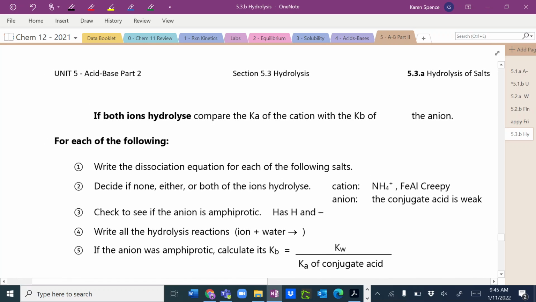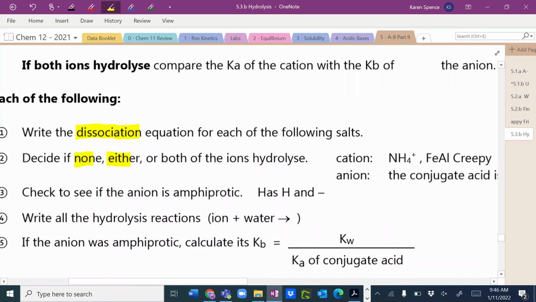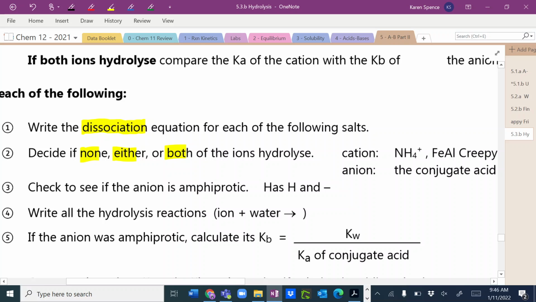For each of the following, now we're down to the questions. You're going to write the dissociation. You are going to decide if none, either, or both of the ions hydrolyze, and then check to see if the anion is amphiprotic. Does it have an H and a negative?